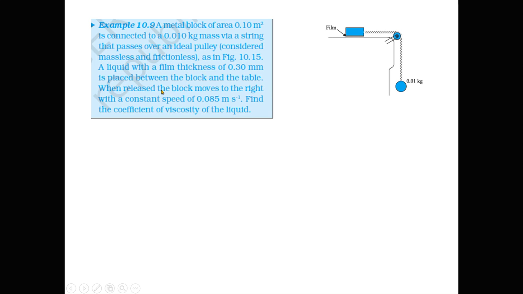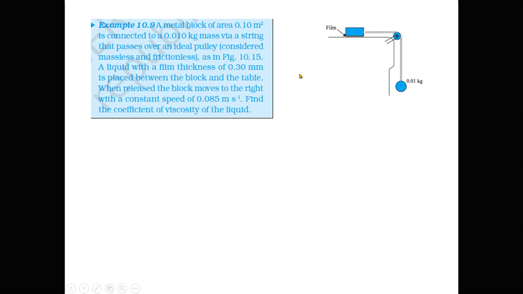When released, the block moves to the right with a constant speed of 0.085 meter per second. Find the coefficient of viscosity. So from all the data, we have to find the coefficient of viscosity.